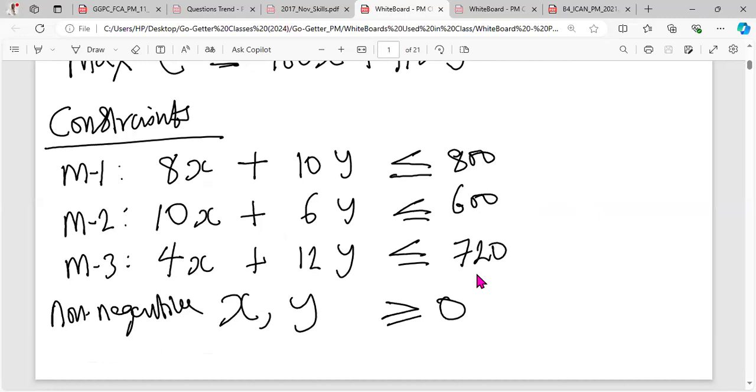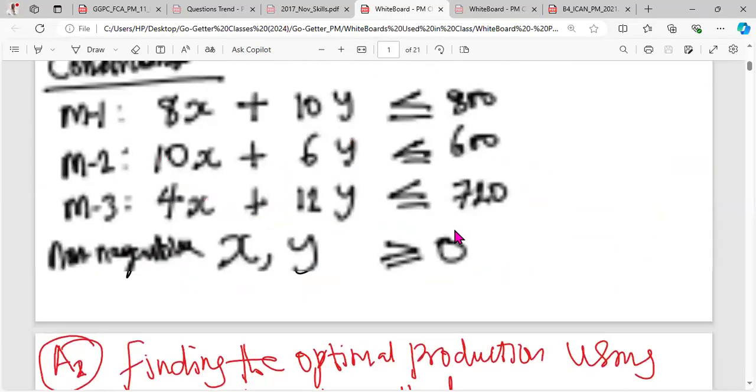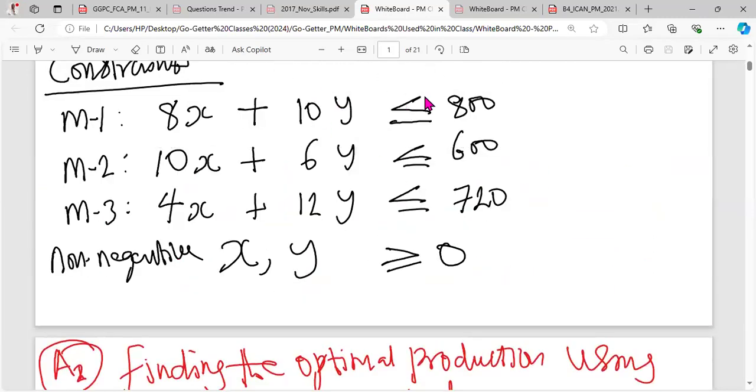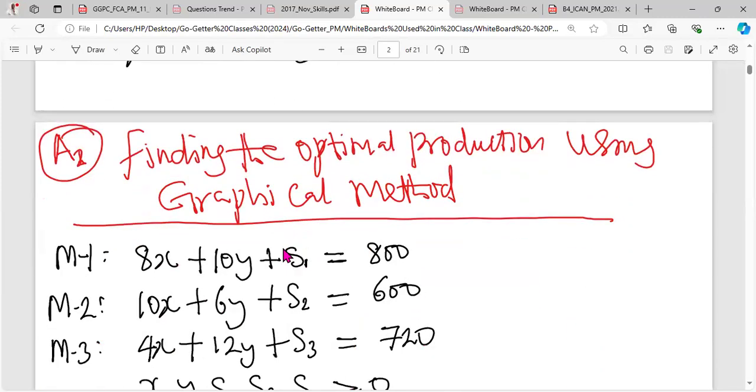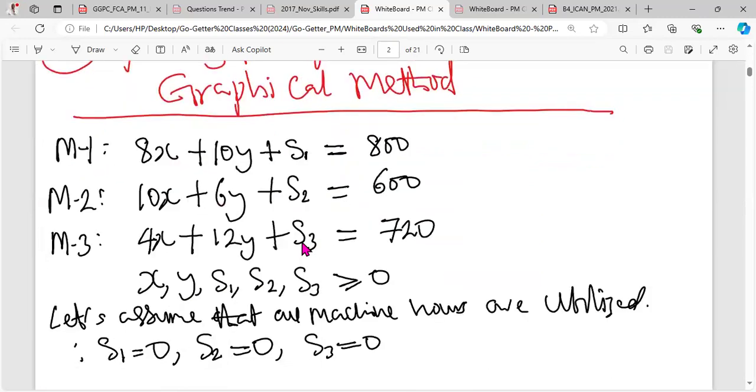Then we decided to add slack variables because it's possible that we may not use all of them. If we don't use all of them to the max, that means something will remain, called the slack variable. Now, if we use it to the max, that means our slack variable will be 0, meaning that nothing was remaining.